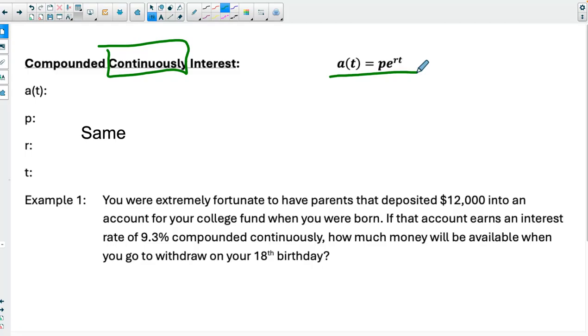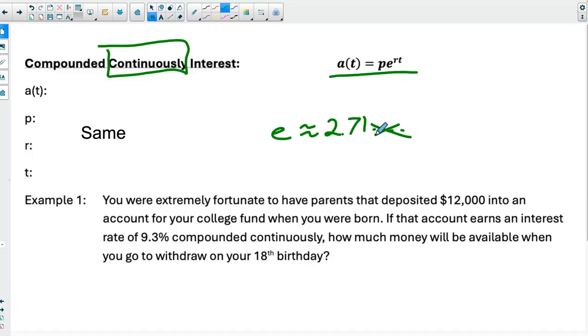E. But what letter is here? There is no E. That's because E is a number. So E is approximately 2.71, and then it just goes. And I'm not going to put dots there actually because it's like pi. It keeps going on and on and on.